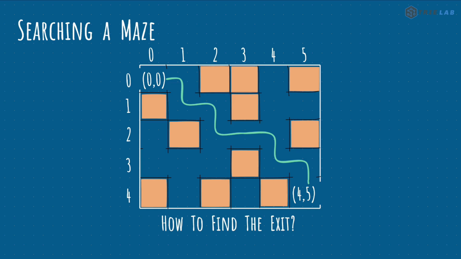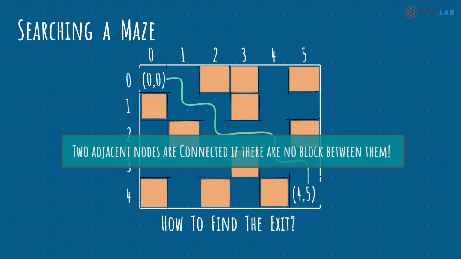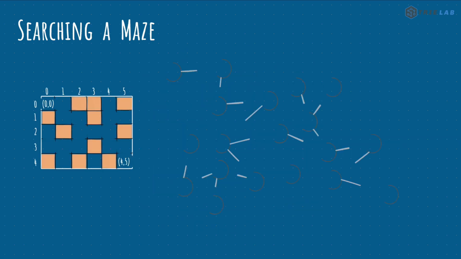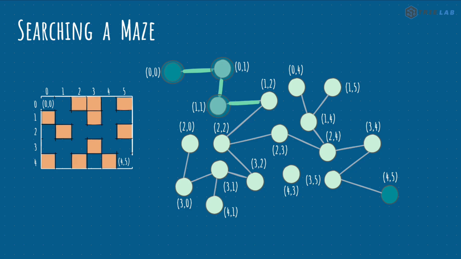Now we can use this matrix to build a graph where every two adjacent open cells are connected by a bidirectional edge if there is no block between them. Now here's what the resulting graph looks like. And when we simulate breadth first search algorithm on it, it works like this. We visit each node, and when we reach a particular node with multiple adjacent nodes, we discover them all at once.